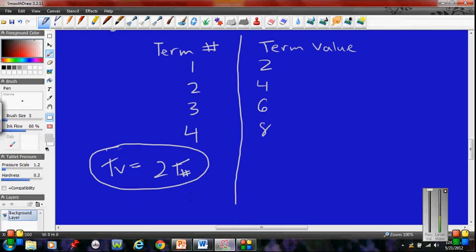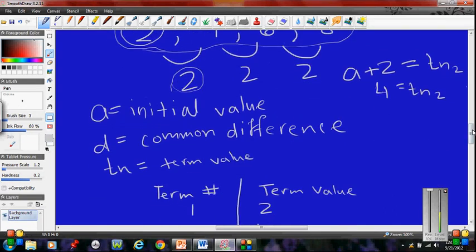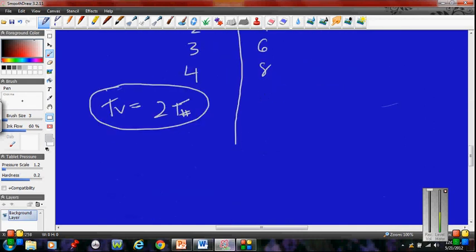So we need to find a generalized formula that will apply to all arithmetic sequences, whereas this one is specific. So what we're going to do is use the prior information that we have up here to construct a general formula that, when simplified, will equal this.